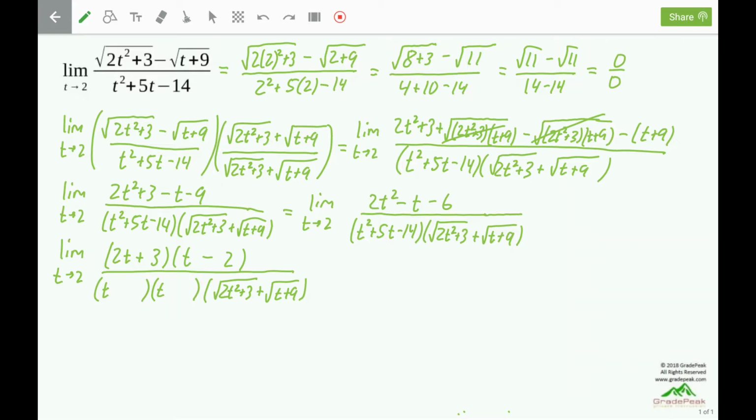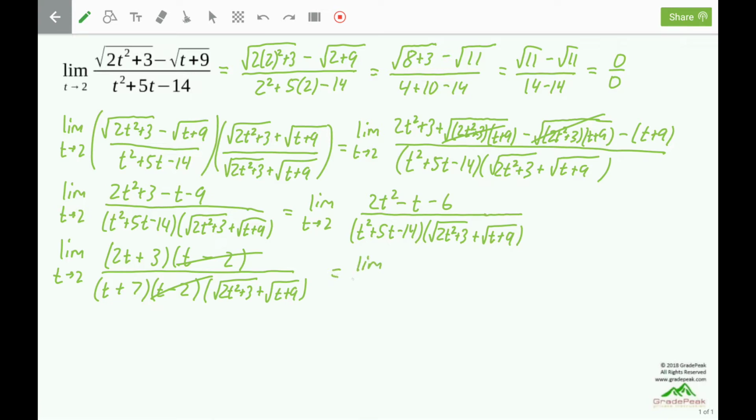And they have to add to be a positive 5. So it sounds like the 2 and the 7 will work for us. And since it's positive 5, we're going to want the 7 to be positive and the 2 to be negative. And there's the t minus 2 factor in the denominator. They can now cancel to remove the 0 over 0.